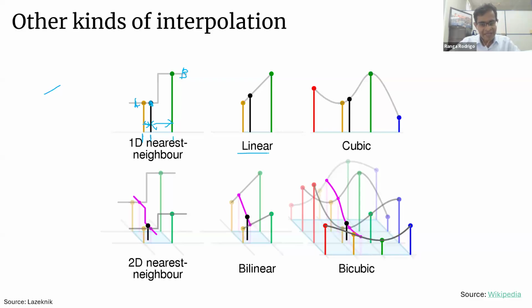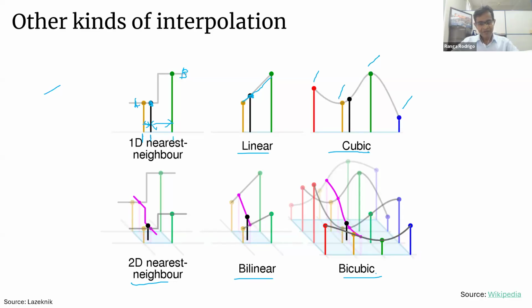And then the previous linear one, you can sort of draw a straight line and compute the value there. And nearest neighbor in 2D, linear in 2D, it's called bilinear. And then otherwise you can do a cubic polynomial like that. You can draw a polynomial, so you need 1, 2, 3, 4 pixel values for that. Not just 2, but this is very good. And then you draw these cubic curves around and you get it.